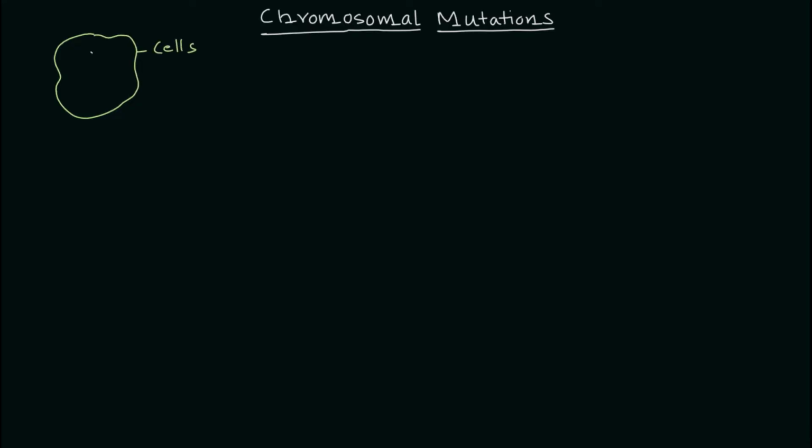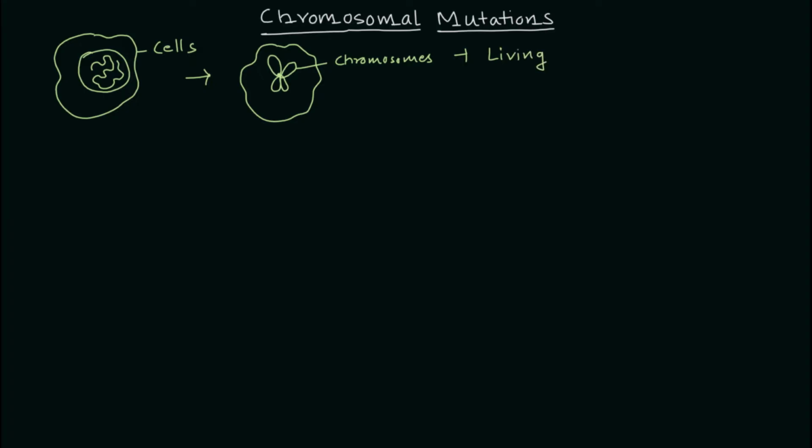But first, let me tell you what the chromosomes are. We all know that we have a nucleus, and inside the nucleus you have DNA. When a cell prepares itself for cell division, the DNA gets into a condensed structure called chromosomes.